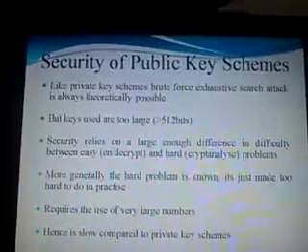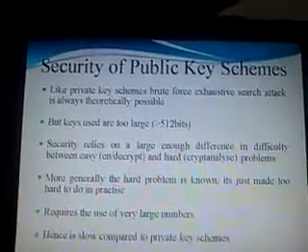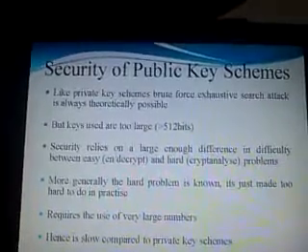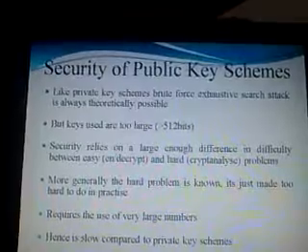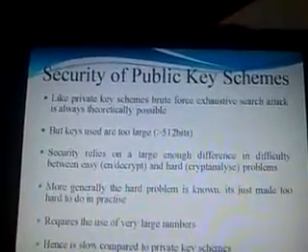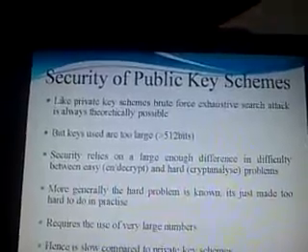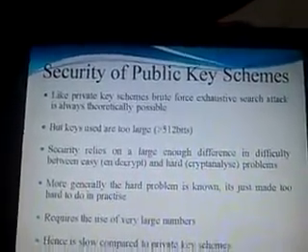Security relies on a large enough difference in difficulty between the easy problem, encrypt or decrypt, and the hard problem, cryptanalysis. More generally, the hard problem is known. It's just made too hard to do in practice.